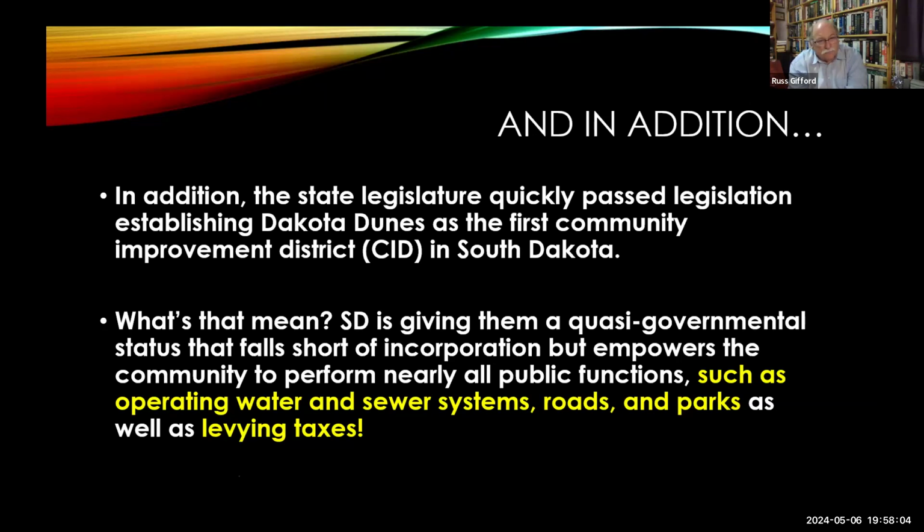And as that community, then they can perform nearly all the public functions of a community, of a city, such as operating water and sewer systems, roads, parks, as well as a limited amount of levying taxes. Those are big things. And the state legislature in South Dakota just went, yep, check.